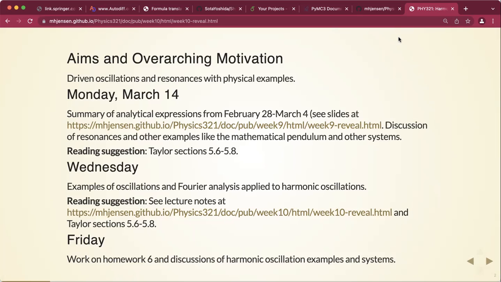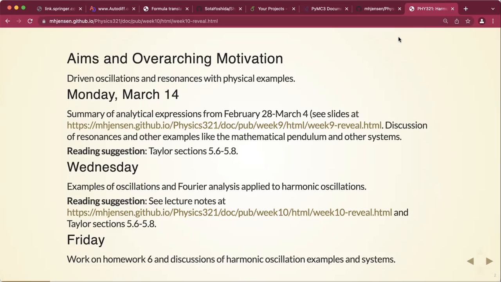But let's try to summarize what we did on Monday with these factors which we introduced when we looked at the width of the particular solution. So this particular solution has an amplitude, and this amplitude has a width, which is proportional to the physical quantities of the system. So let's take a look at that.